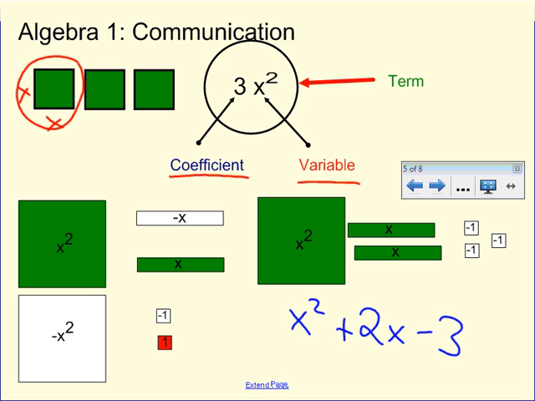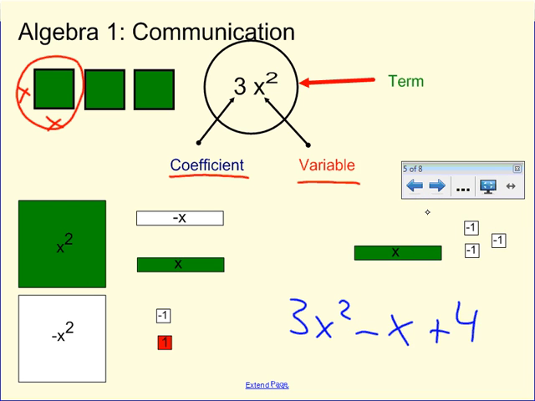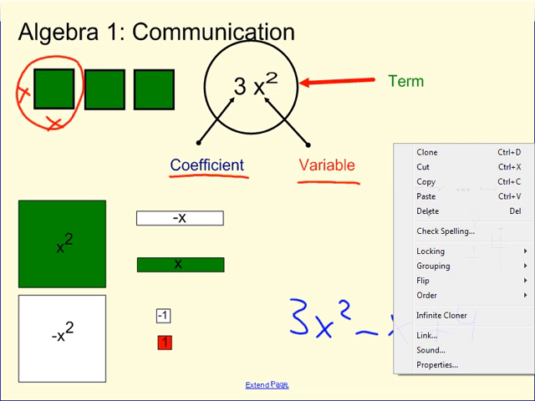Let's say if I have a polynomial, and I'm going to change it here to 3x squared minus x plus 4. So I'm going to change that into my algebra tiles here. So I'm going to get rid of these guys, delete them. Sorry about the time here. Delete.